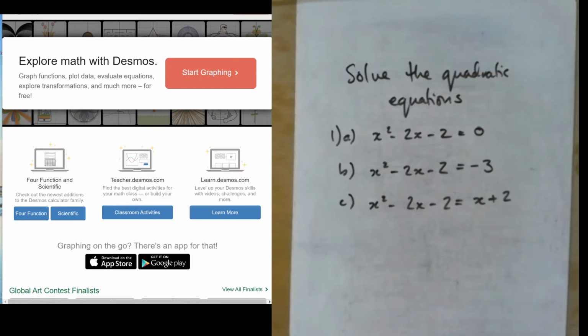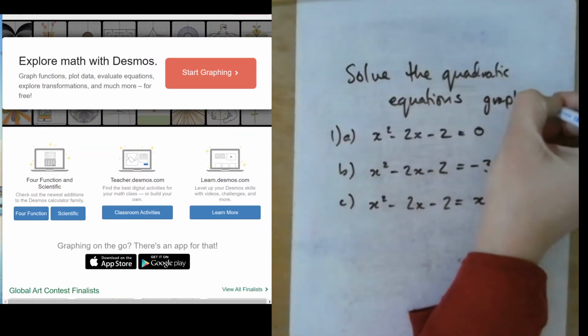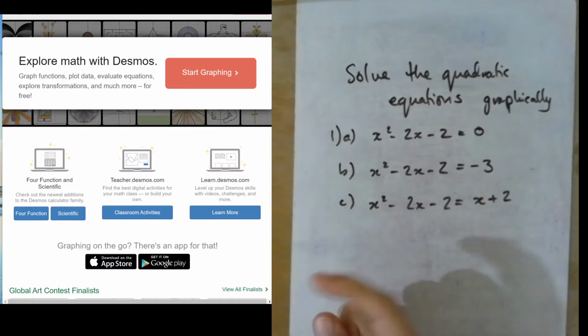We are going to look at how to solve quadratic equations graphically. There are four techniques to solve quadratic equations. You have factorizing, completing the square, and the quadratic formula, but you also need to be aware of how to solve it graphically.